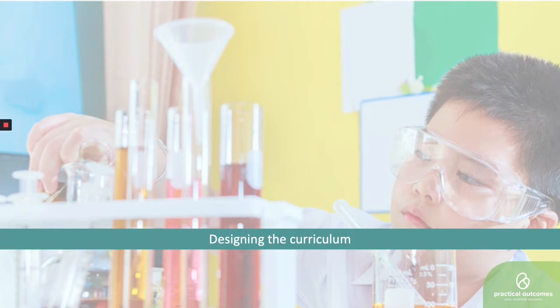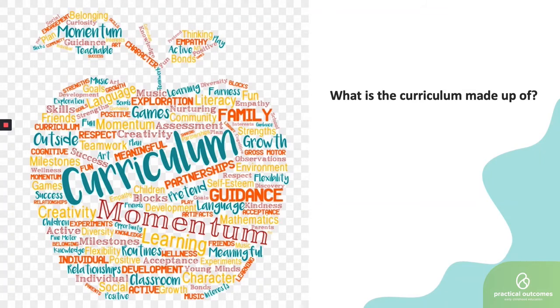Previously, we mentioned that in early childhood context, curriculum is viewed as developing the whole child. It is everything that the child is experiencing. What is the curriculum made up of? It is the learning environment that encompasses responsive engagement between educators, children, and families, and the learning opportunities through the planned and unplanned experiences.